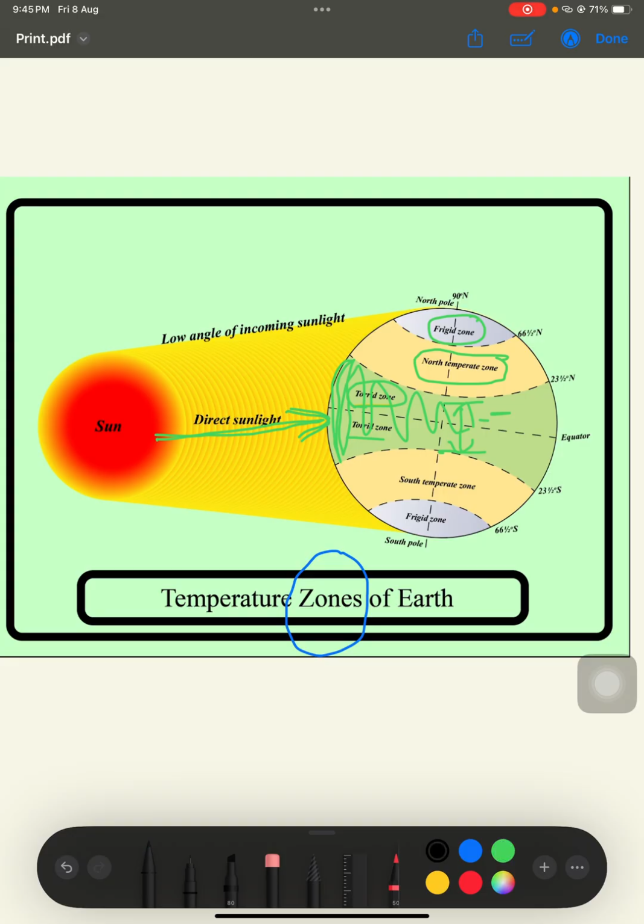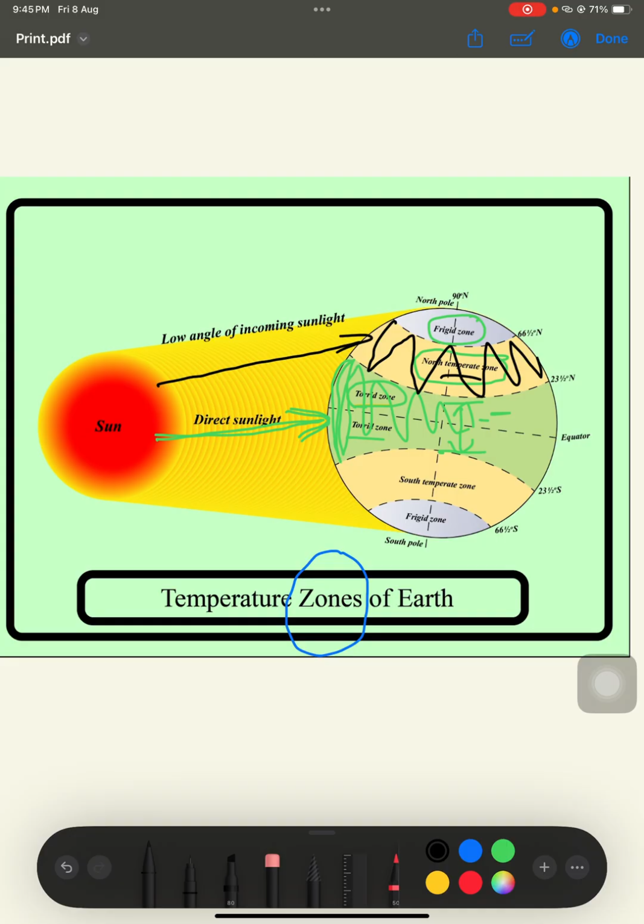And next, the intensity in this zone is less, which means temperate. Why is it called temperate? Temperate means middle. It is not very cold, it is not less cold. That's why it is called the temperate zone.